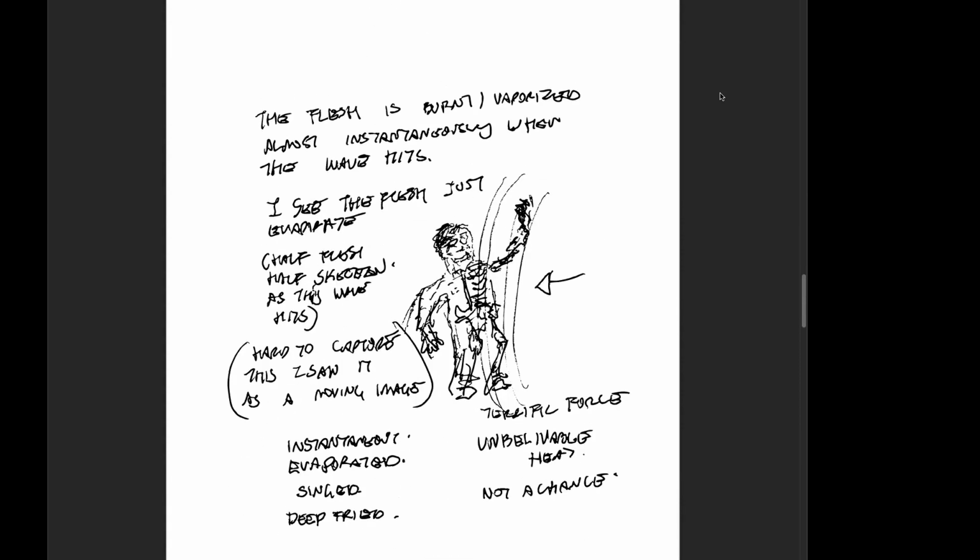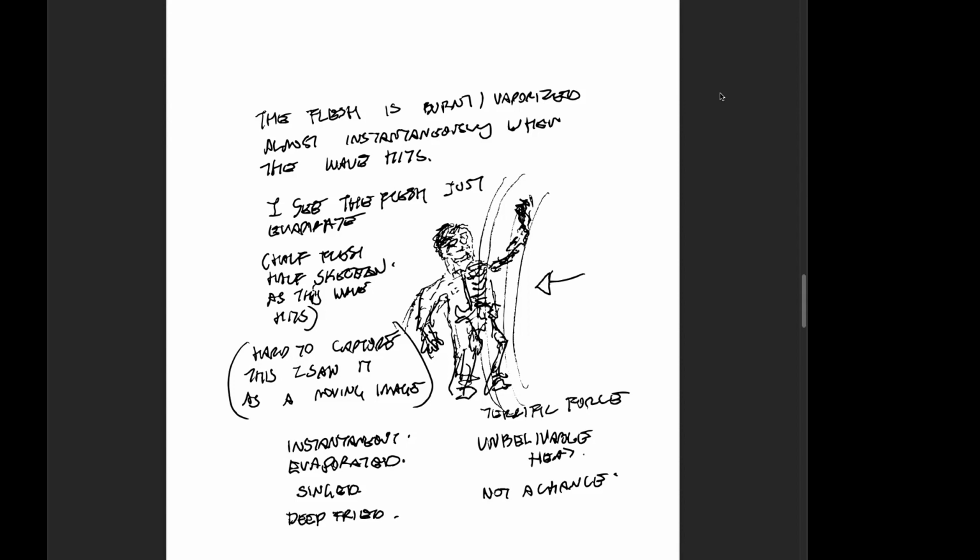Doing some edging here to try and get a more intense visual contact. I saw this in a moving image. So hopefully, I illustrated this clearly. But what I wrote here is the flesh is burnt and vaporized almost instantaneously when this wave hits. I see the flesh just evaporate. So this is like a half flesh, half skeleton that I'm drawing here.